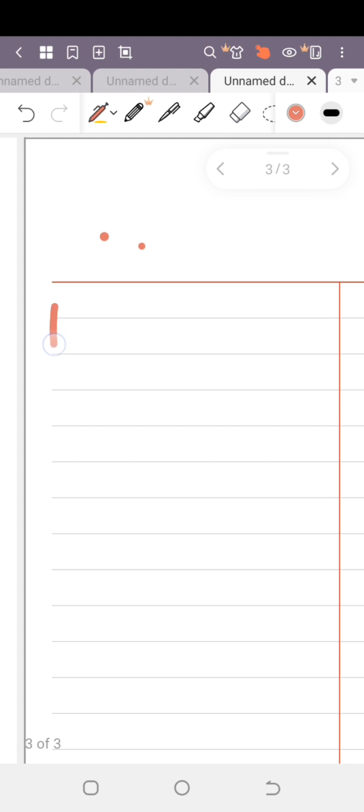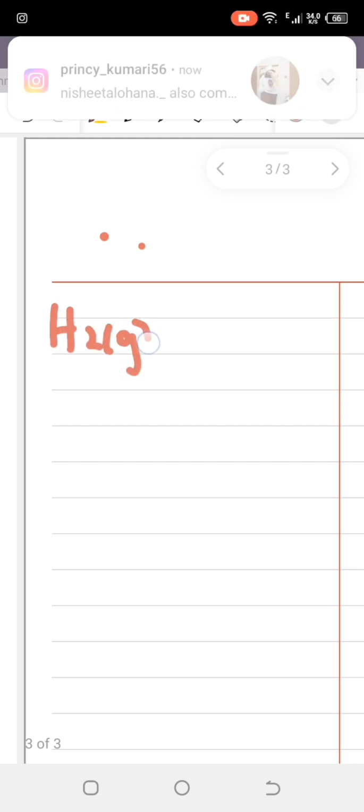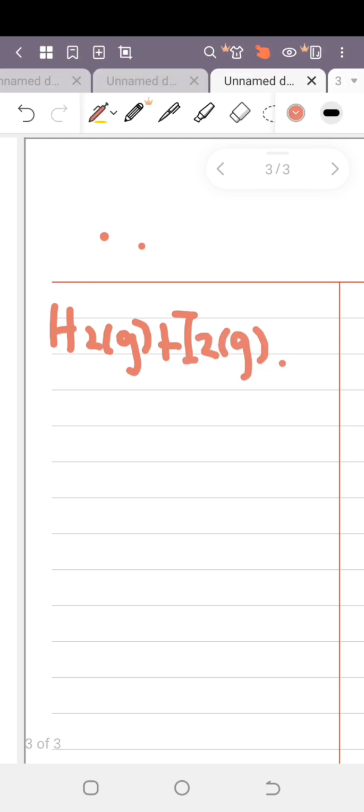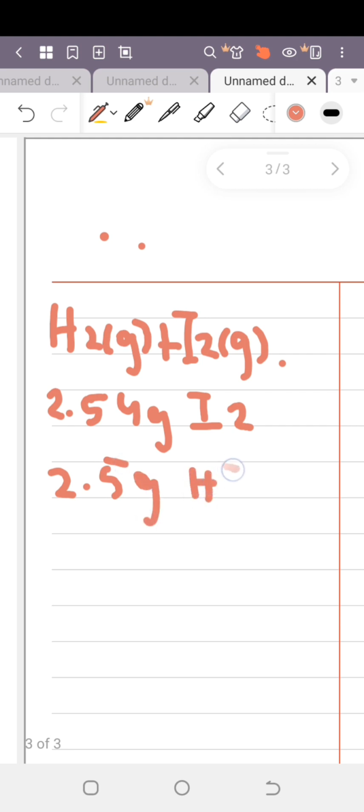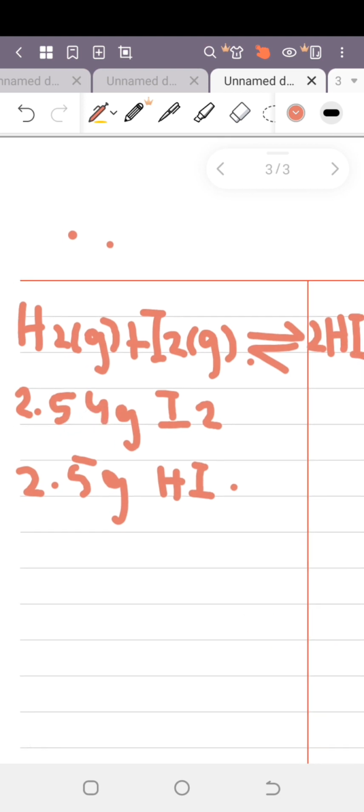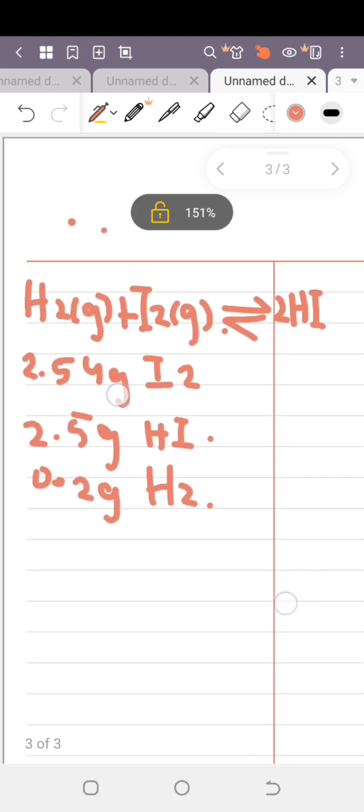Our first question is: H2 in gaseous form plus I2 in gaseous form, giving 2HI. The values given are 2.54 gram of iodine I2, 2.56 gram of HI, and 0.2 gram of H2.